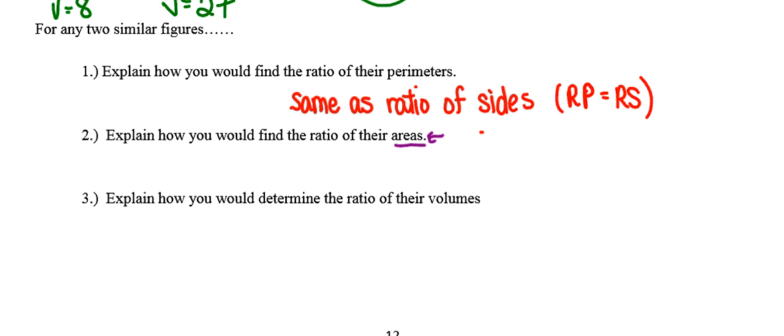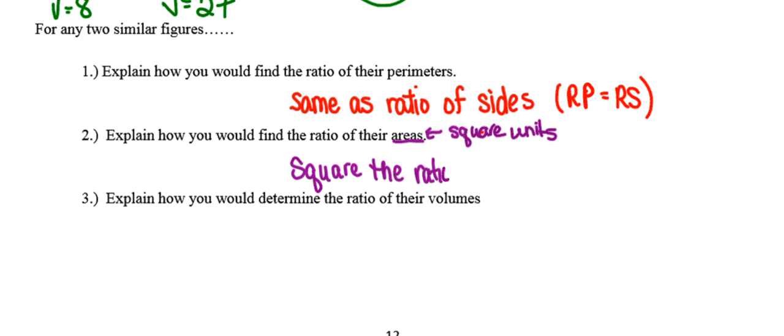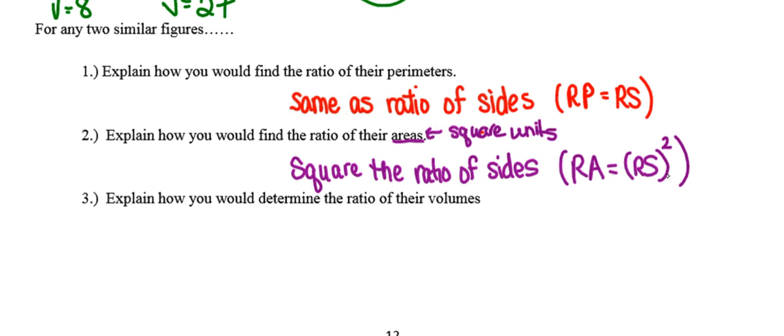Well, again, area is measured in square units. So I would take the ratio of the sides and square it. So using my little shorthand notation here, the ratio of the areas is always going to be what you get when you take the ratio between any two corresponding sides and square it.